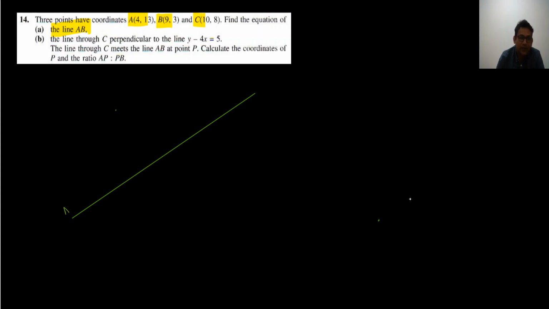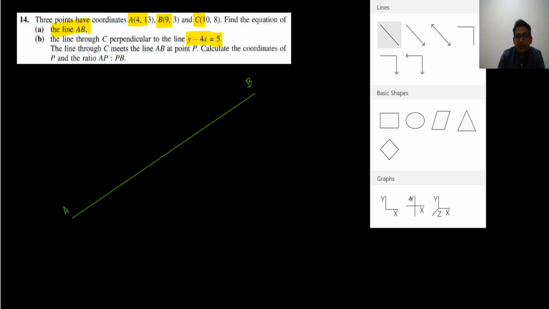When you have the equation of line AB, suppose AB is here. This is A, and this is B, and C is somewhere else. I don't know exactly, but the line through C is perpendicular to this line. So I have to draw another line, this is imaginary, just to explain.